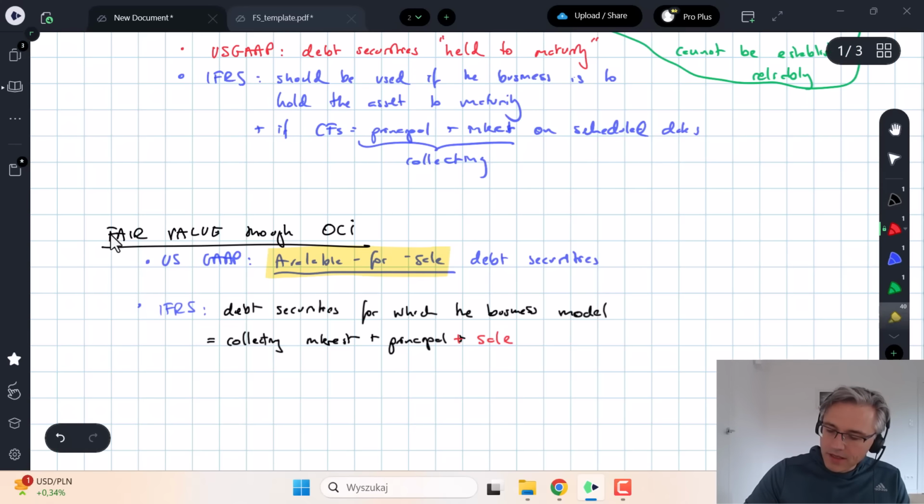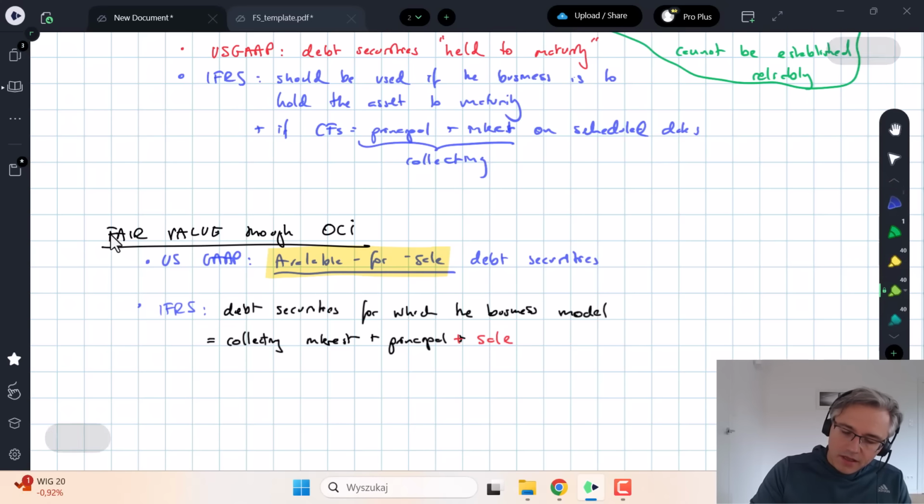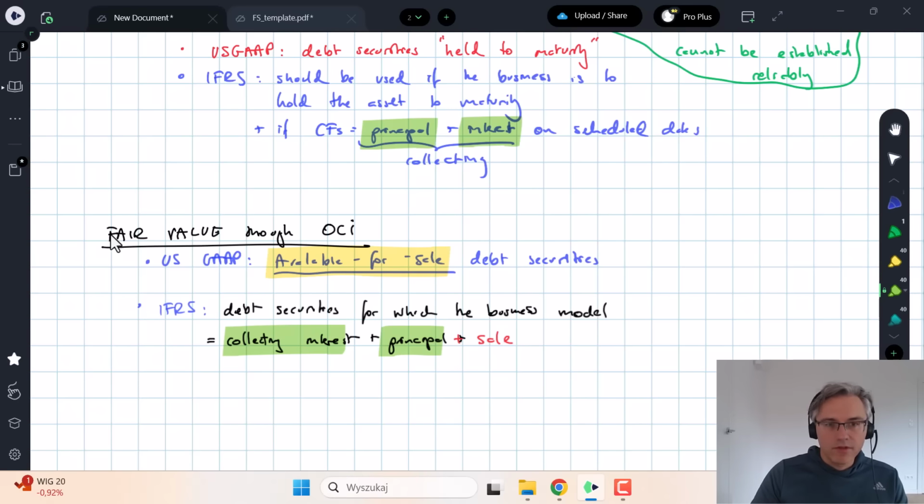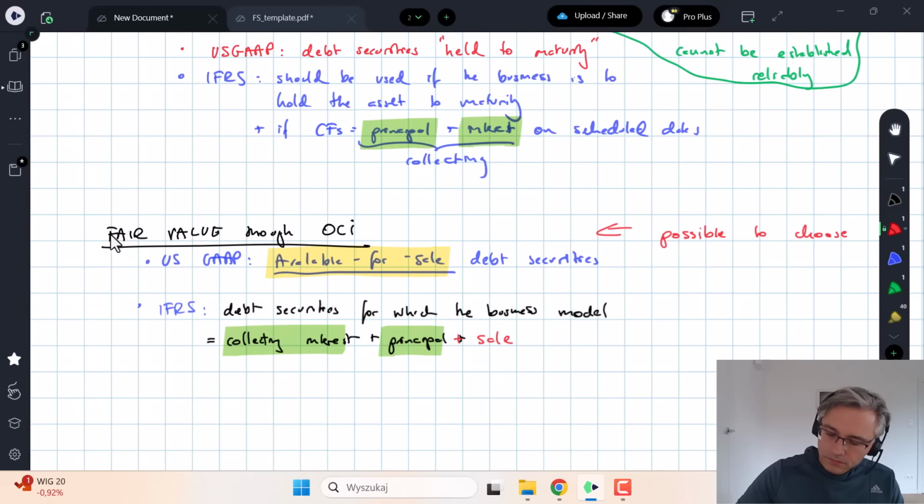Please notice how different this is from the previous business model, where we said the purpose should be to collect principal and interest on scheduled days. Here, collect interest and principal, yes, on scheduled days, of course, but also potentially selling the asset before its maturity date. Let me also say that it is possible to choose this approach for equities, under IFRS at least.